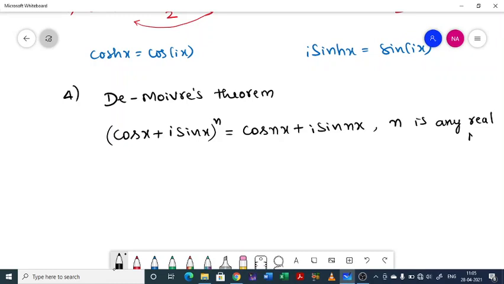The proof of this result is very easy, that involves induction. But for now, time being, we don't go for the proof of this one. Then some of the basic properties associated with complex numbers we have to discuss here.